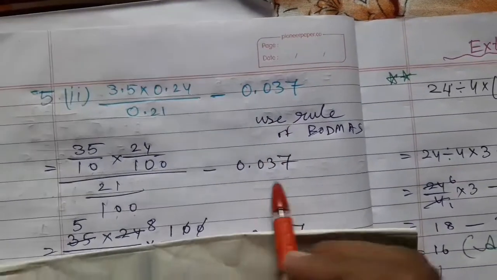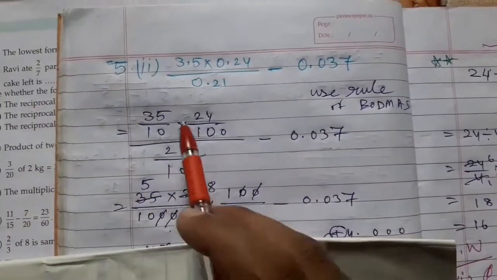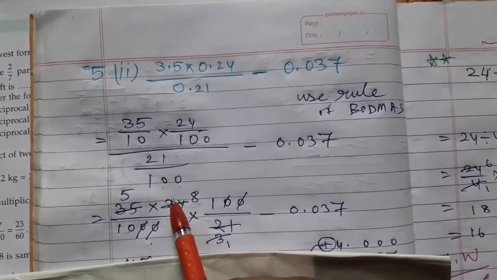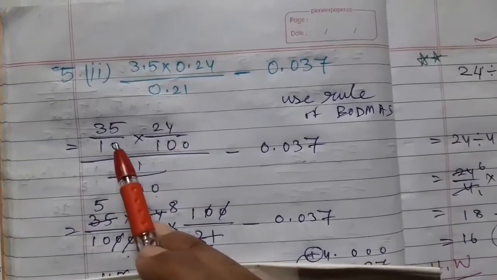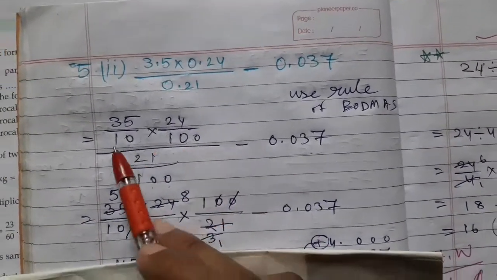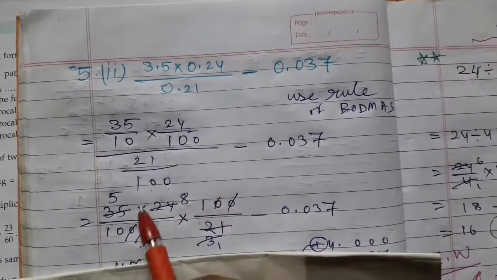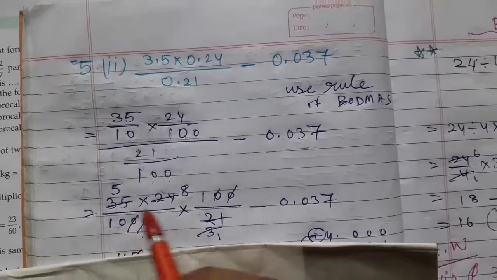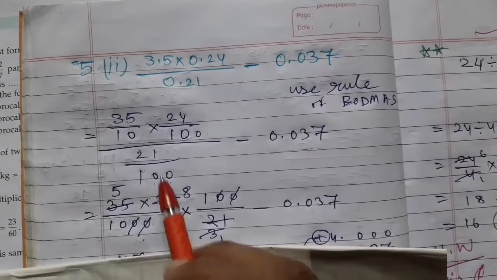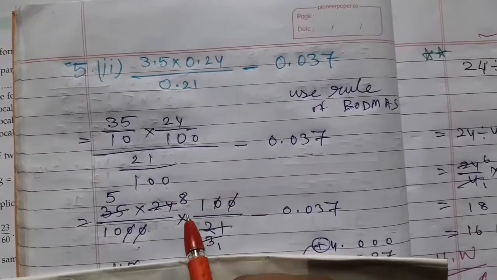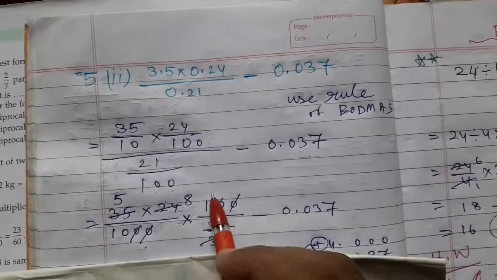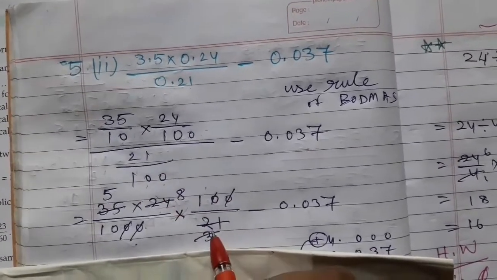As it is, put the same. 35 multiplied by 24, over 10 multiplied by 100, which is 1000, triple 0. Clear? Divide means reciprocal it, and multiply 100 by 21.